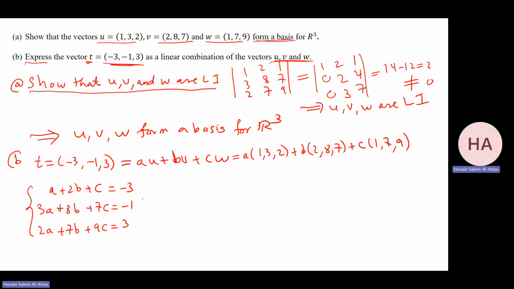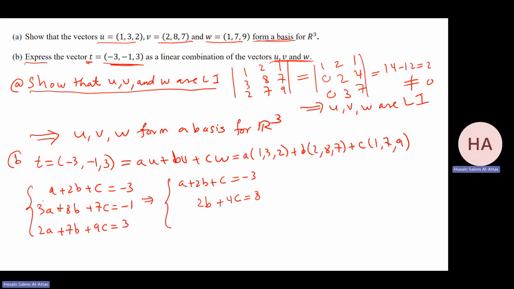So I'll do what? Yeah, the first equation, I keep it the same. I'm looking now for A, B, C. So multiply by minus 3 and add, that will be 0. Minus 3 and add, that will be 2B. Minus 3 and add, that gives me 4C. Minus 3C plus 7C, and 9 minus 1, that gives me 8.